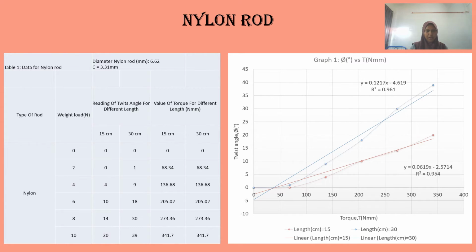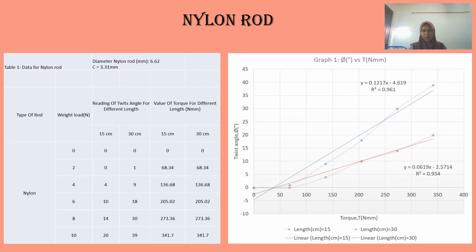After we get all the readings of the twist angle, we calculate the torque for different lengths. Even with different lengths we get the same torque value because we use the formula that I have explained just now, T equals Fr.